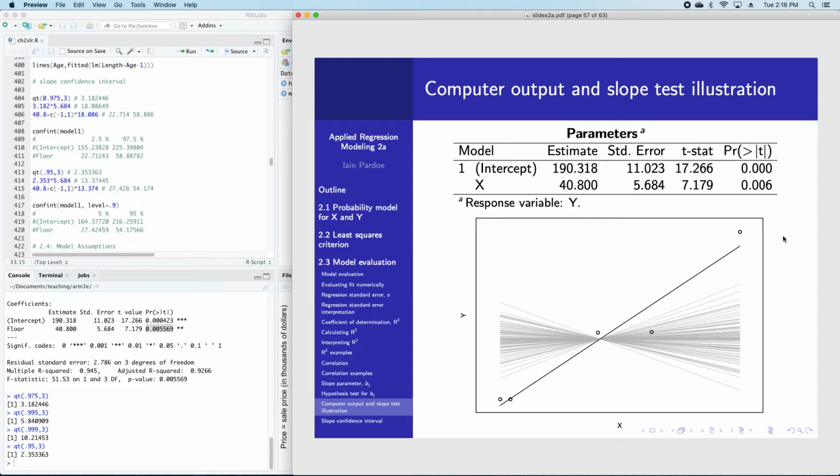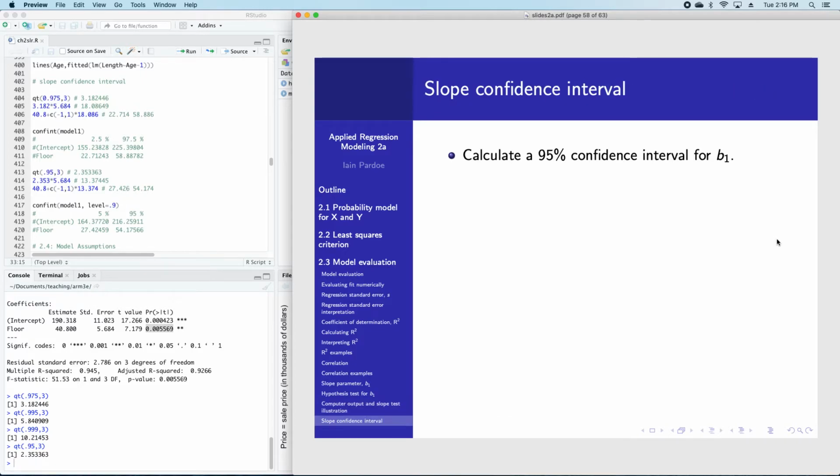When we covered hypothesis tests and confidence intervals in chapter 1, we talked about them being two sides of the same coin. So we can also look at this from the perspective of a confidence interval for the slope. So for example, a 95% confidence interval.